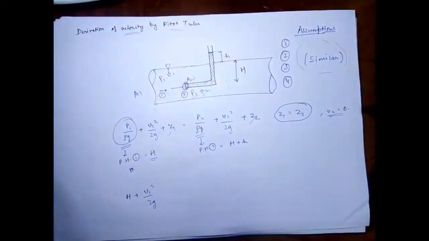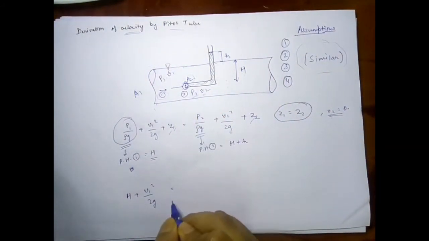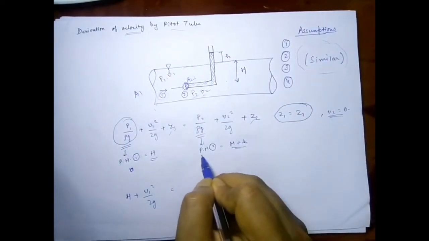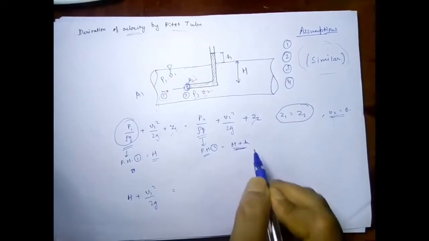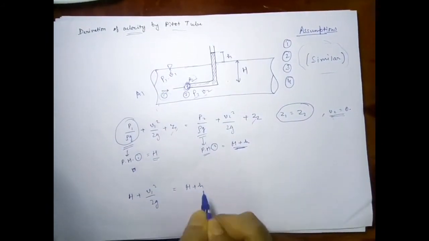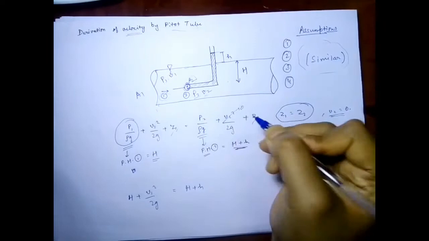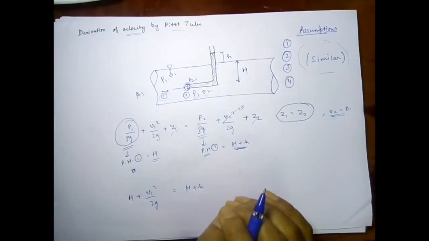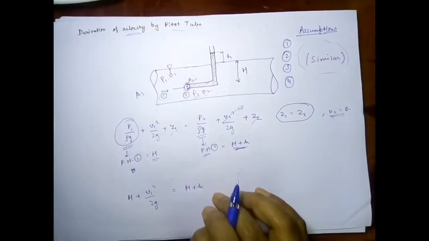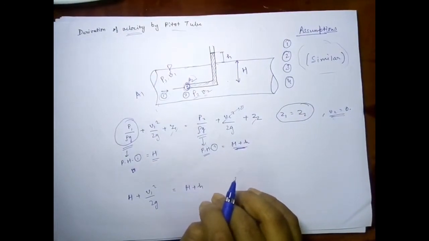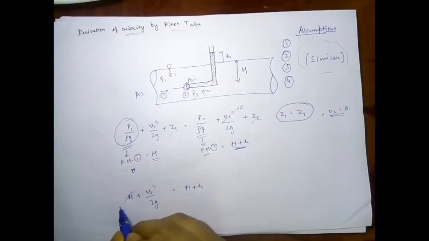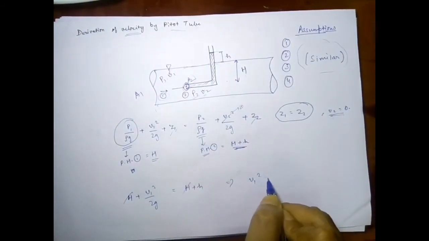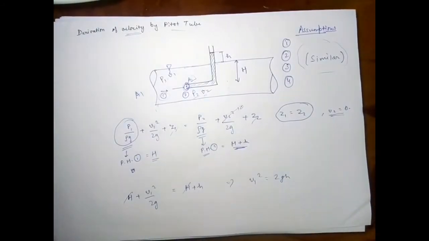Z1 and Z2 are cancelled out, no need to write them, is equal to P2 upon rho g, the pressure head at 2, and it is H plus h, and again V2 is equal to 0, therefore V2 square upon 2g has no significance in the equation, and I will not write it over here. And now I can say that capital H will be getting cancelled, and therefore V1 square is equal to 2gh.